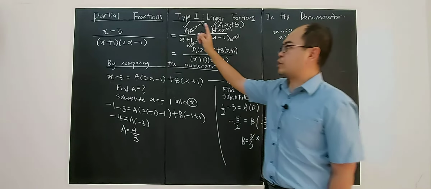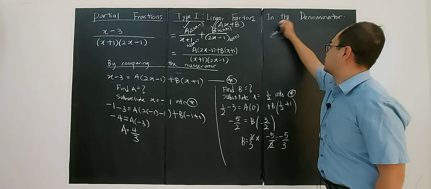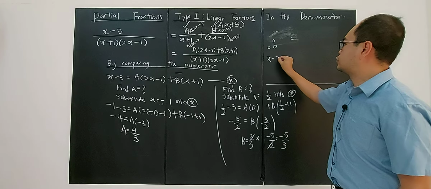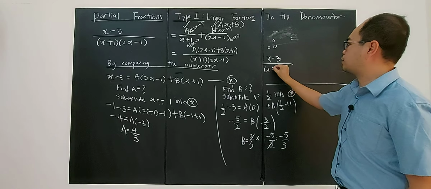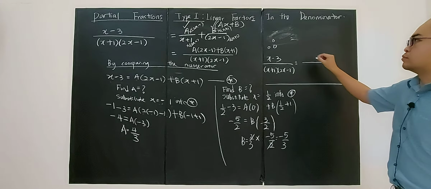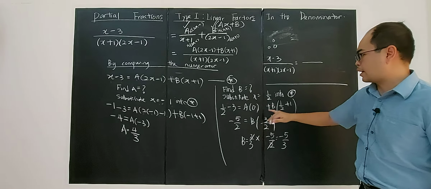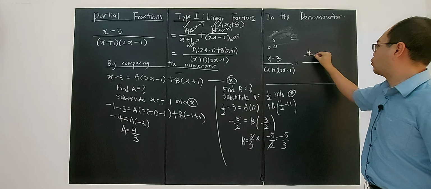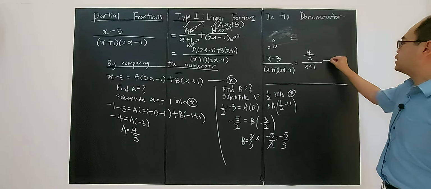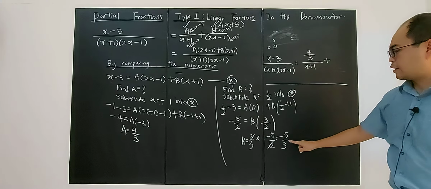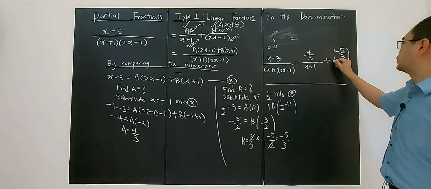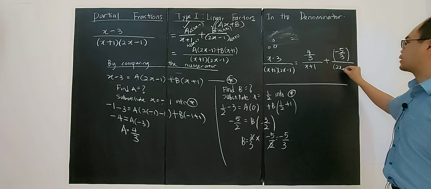So of course now you can rewrite this into partial fractions. Therefore your x minus 3 over x plus 1 times 2x minus 1 has been decomposed into a, which is 4 over 3, over x plus 1, followed by b, which is negative 5 over 3, divided by 2x minus 1.